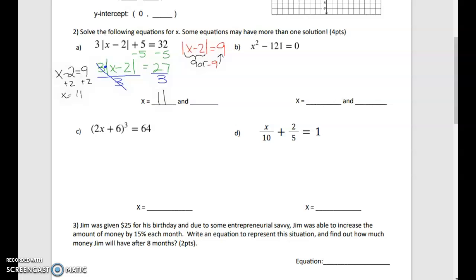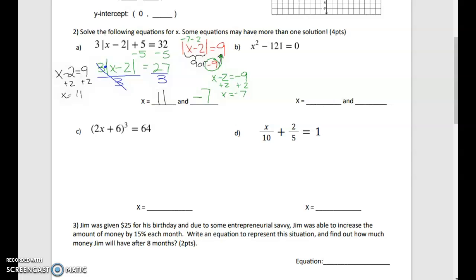But I also need to solve for when x minus 2 equals negative 9. Because if I put in a negative 7 minus 2, that's negative 9, and absolute value will turn that into positive 9. So my other answer is negative 7.